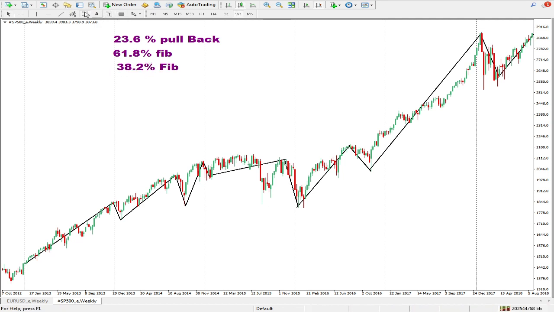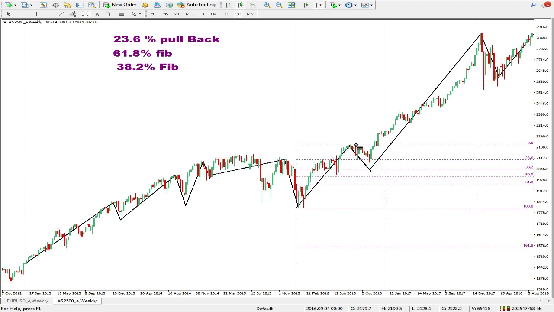And then we have another main move, this one. So in this case we had the 38.2% fib level. So this is a 38.2% pullback.